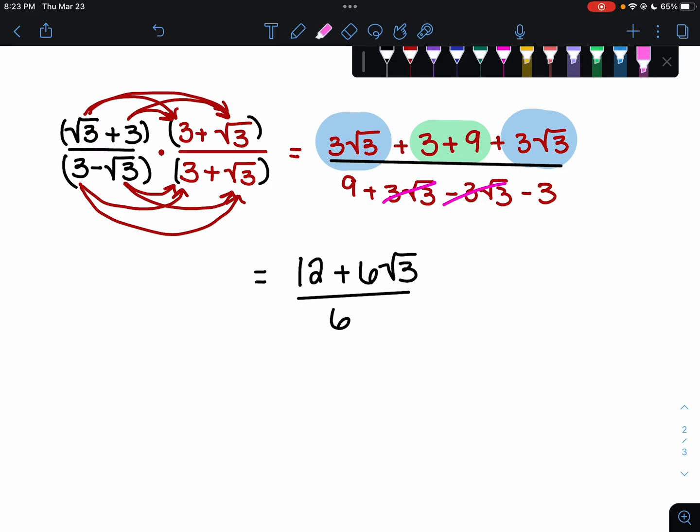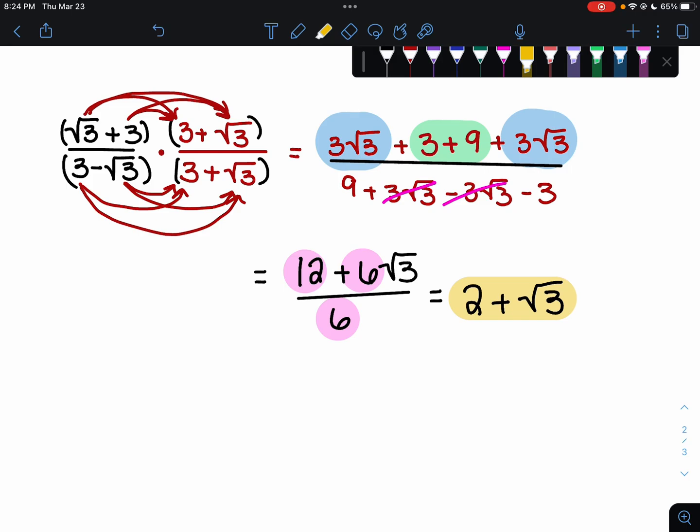Now, I hope you see that 12, 6, and 6 can all be simplified. 12 divided by 6 is 2. 6 rad 3 divided by 6 is just plus rad 3. This right here is the most correct answer, the most exact answer of this identity.